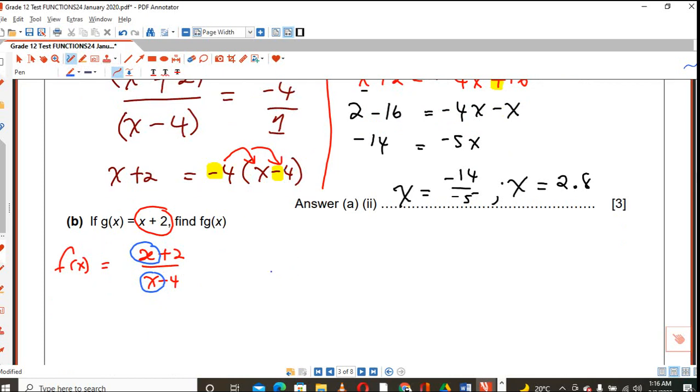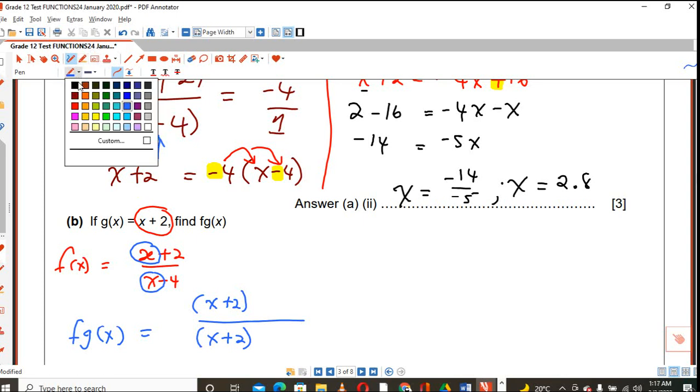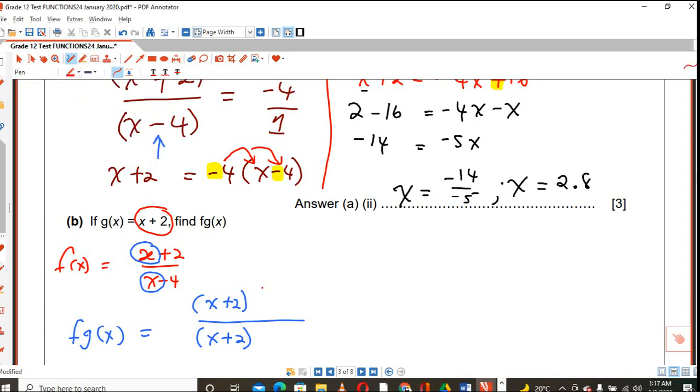Right, so that means fg of x is going to be, in brackets, x plus 2 over, there you have x plus 2. Remember that one is a minus, so that was plus 2 there, that was minus 4.